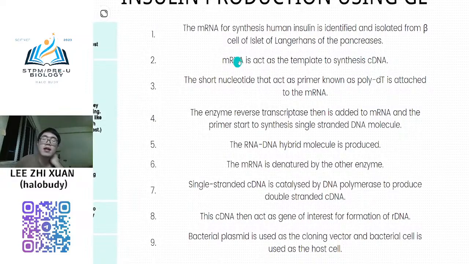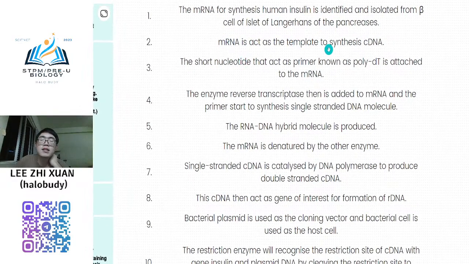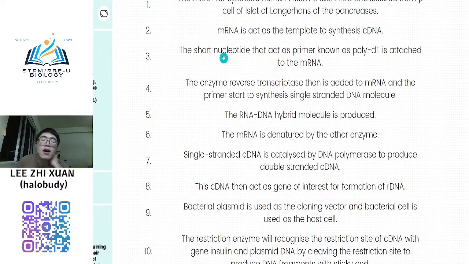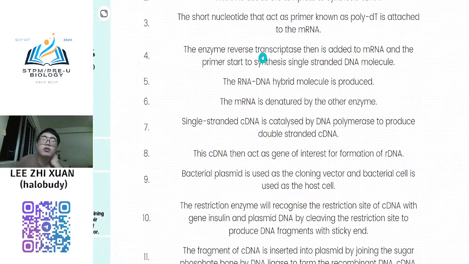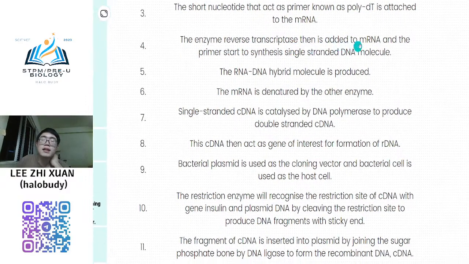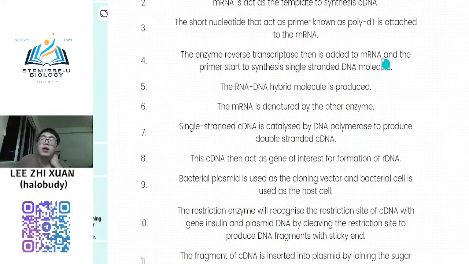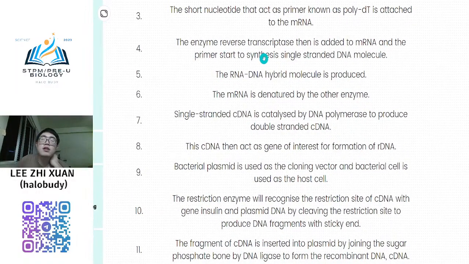And then after you isolate the mRNA, I already said the mRNA will act as the template to synthesize cDNA. So the short nucleotide that acts as the primer, known as poly-dT, the poly T nucleotide, will attach to the mRNA. And then the enzyme known as reverse transcriptase is added to the mRNA and the primer will start to synthesize a single-stranded DNA molecule.